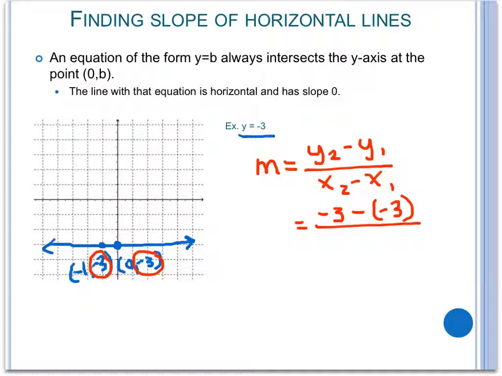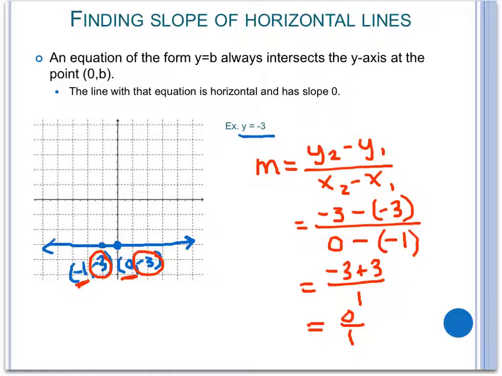In the denominator, we have 0 minus a -1. This simplifies to -3 plus 3 divided by 1, or 0 over 1. 0 divided by 1 is 0, therefore the slope of this horizontal line is 0. And in fact, any horizontal line has a slope of 0.